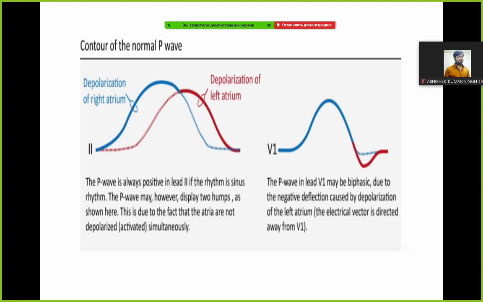You must remember that the P wave is always positive in the second standard lead if the rhythm is sinus. The P wave may have two humps due to depolarization of the right atrium and left atrium. And in V1, it may be biphasic due to negative deflection caused by depolarization of the left atrium. So this is a normal P wave.